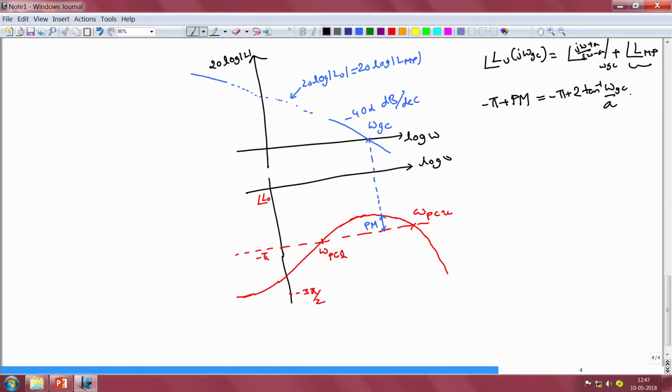So this we get from the approximate Bode's gain phase relationship. So I can replace the angle of L minimum phase approximately by the term minus alpha pi.